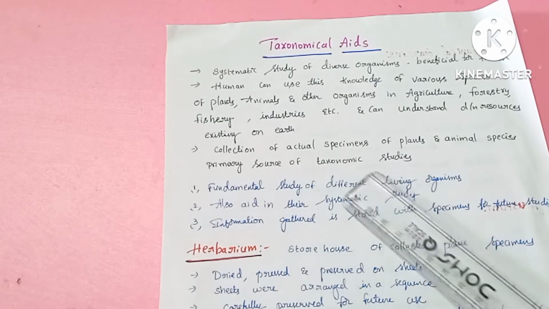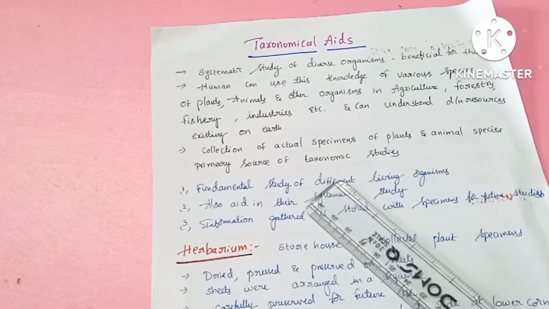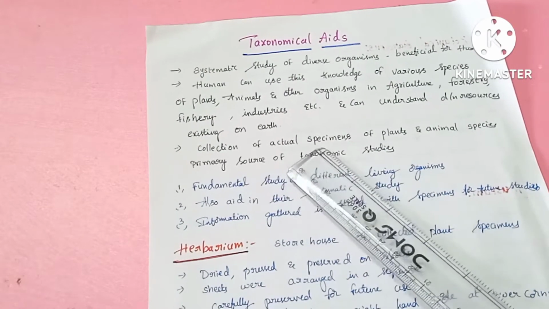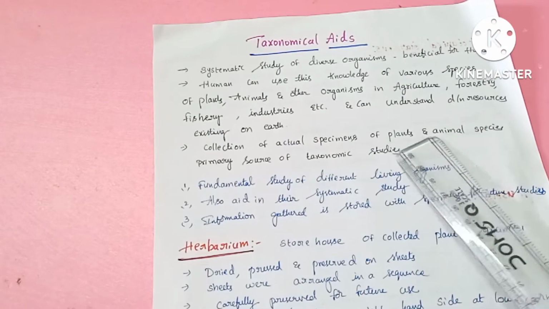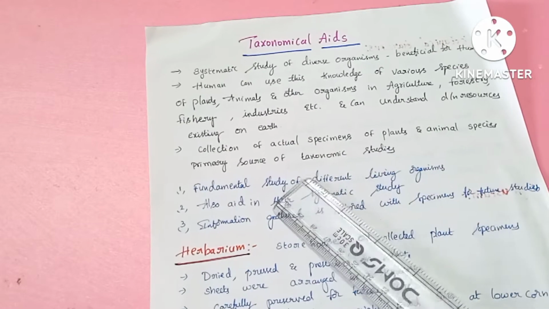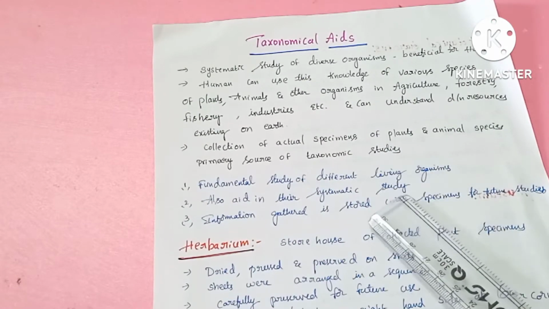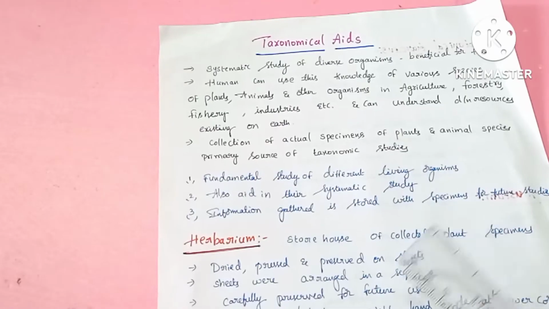And here, the primary source of taxonomical studies was the collection of specimens of plants and animals. So by using these taxonomical studies, what can we do?